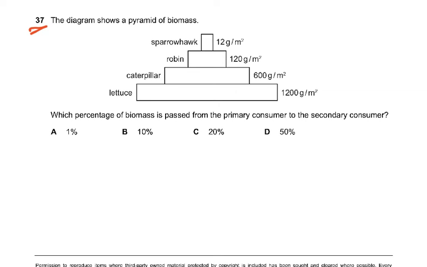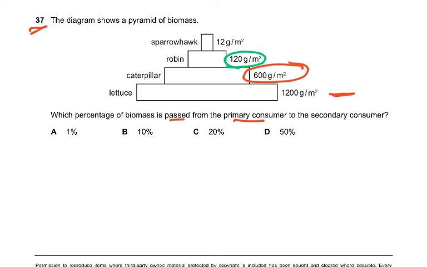The diagram shows a pyramid of biomass. Which percentage of biomass is passed from the primary consumer to the secondary consumer? Lettuce is the producer. This is the plant. The primary consumer is the caterpillar. The secondary consumer is the robin, which is 120 grams.